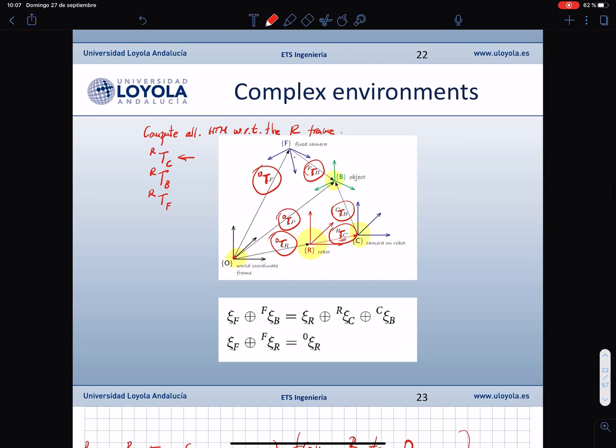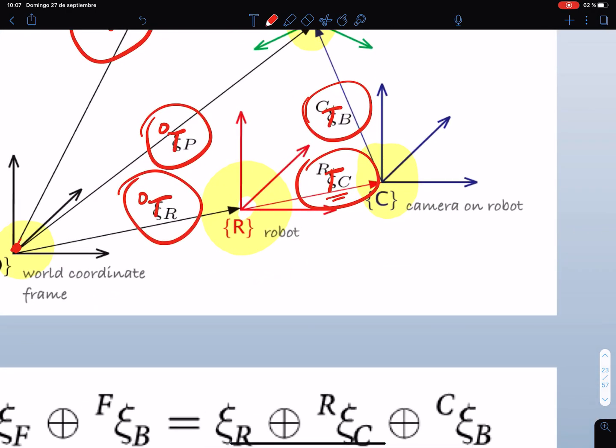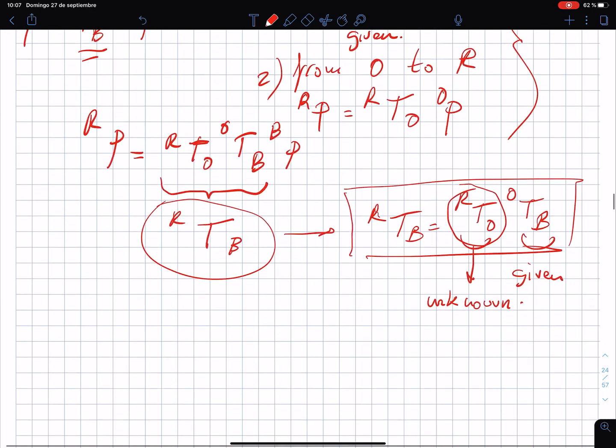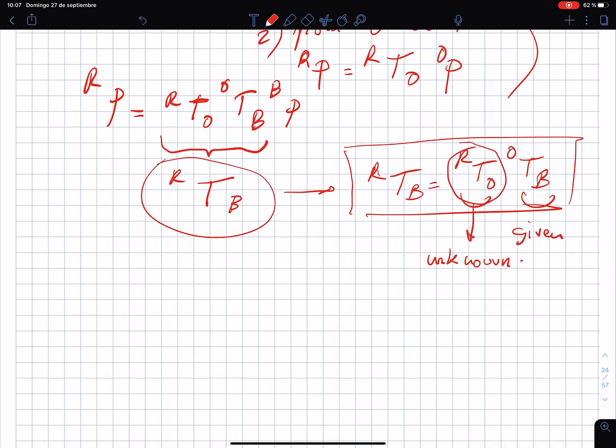Now, if we go to the drawing, the matrix that we are given is 0TR and not RT0. So in order to have RT0, as we have seen in the previous explanation, RT0 is equal to 0TR to the -1.